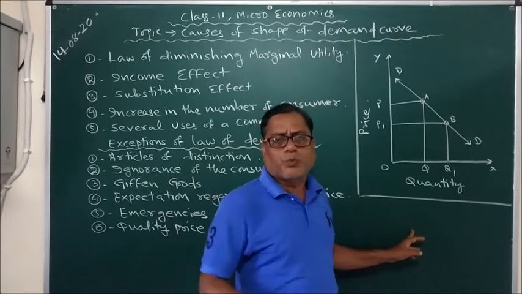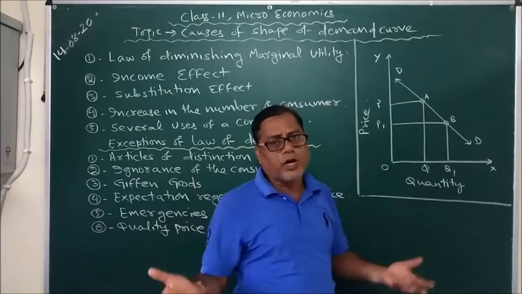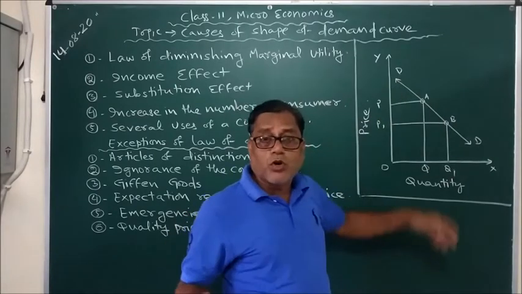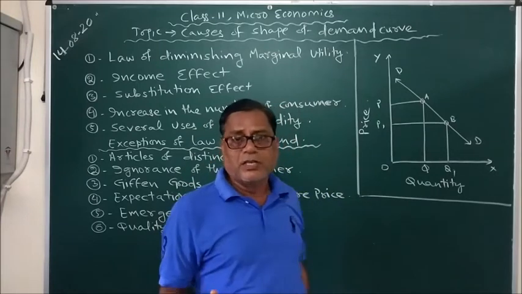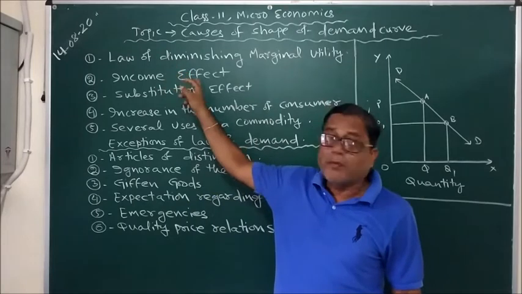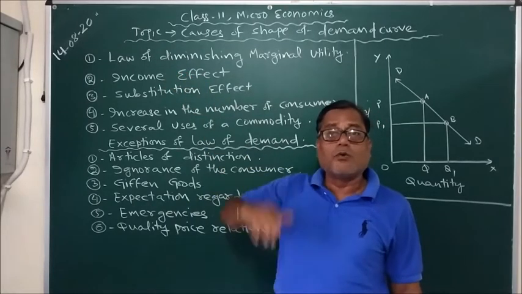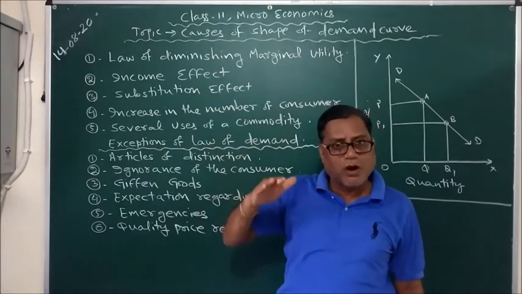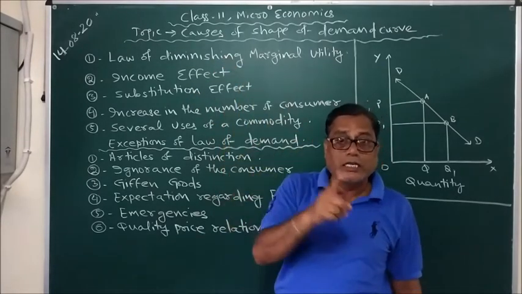Obviously, he will spend it to buy more apple. That's the reason why the consumer buys more when price falls. That means, actually, when the price of a good falls, the real income of the consumer increases, and when the price rises, the real income of the consumer falls. This effect is called income effect.